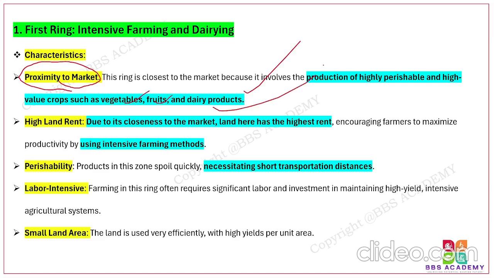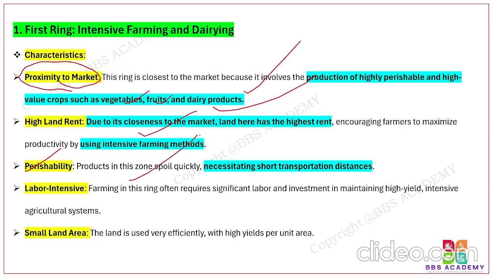The land rent is maximum in this zone because it is closer to the market area. The production crops are highly perishable and labor intensive, and perishability means the crops spoil quickly.